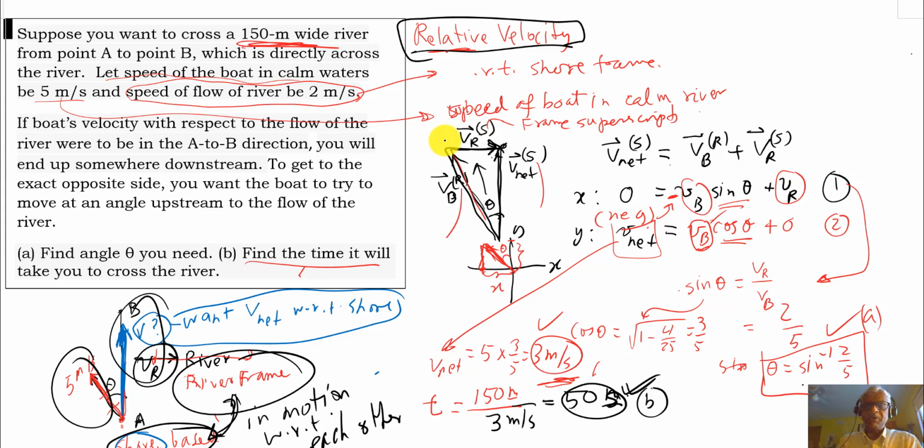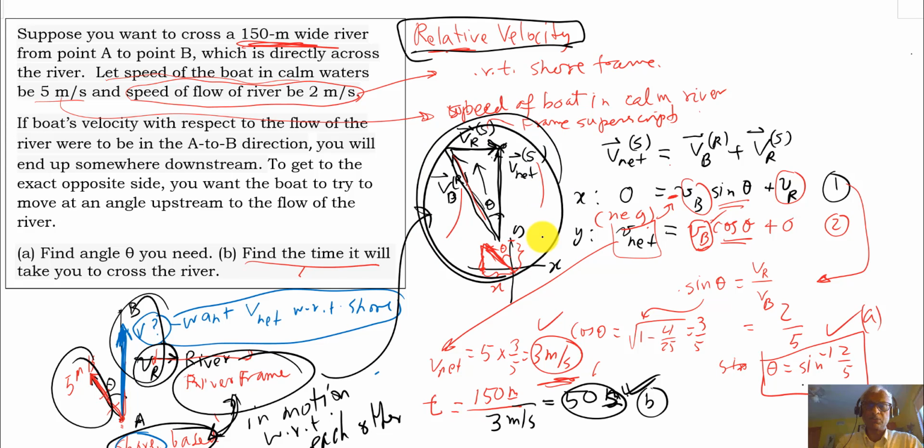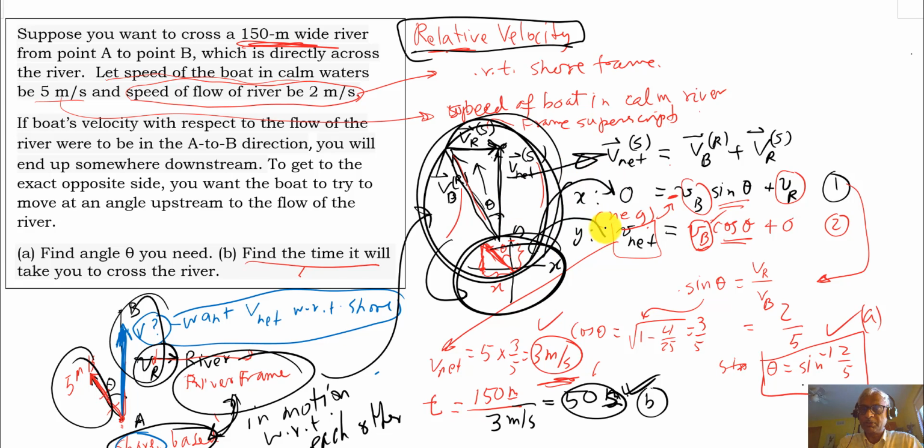Then this information gets translated into a vector diagram, and the vector diagram gets put into a component picture. The vector diagram leads to a vector equation, which you can solve component-wise, and then you figure out which one to solve first and proceed from there.